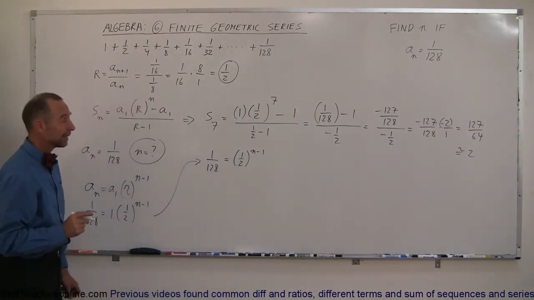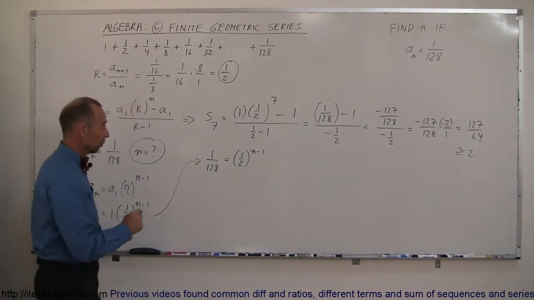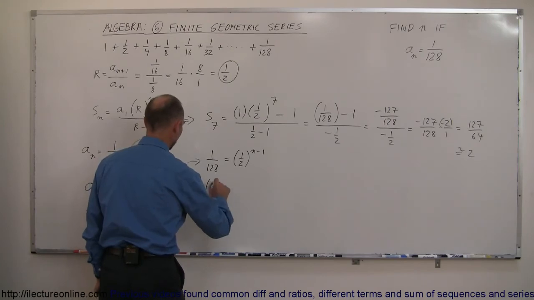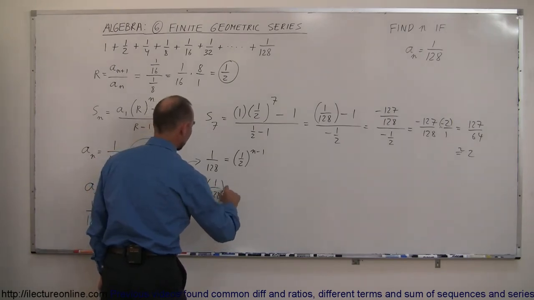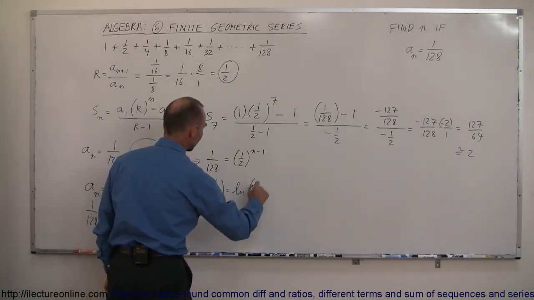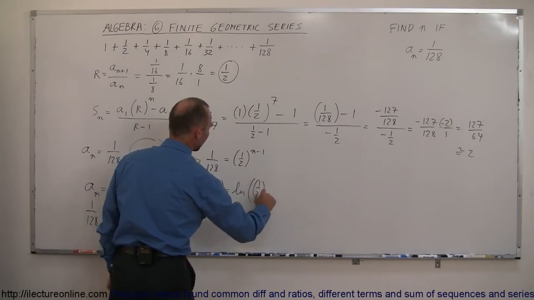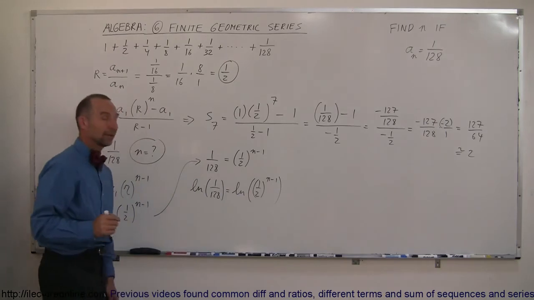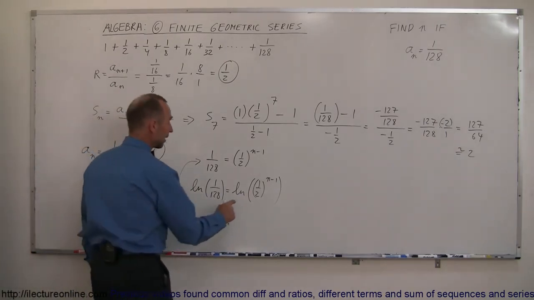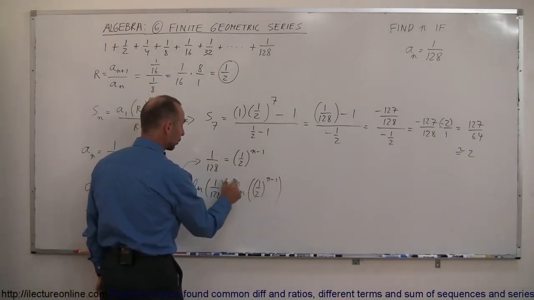So we can solve that by taking the natural log of both sides. The natural log of 1 over 128 is equal to the natural log of 1/2 raised to the n minus 1 power. And of course, the rules of logarithms tell us that the log of something raised to a power, the power can go into the front.